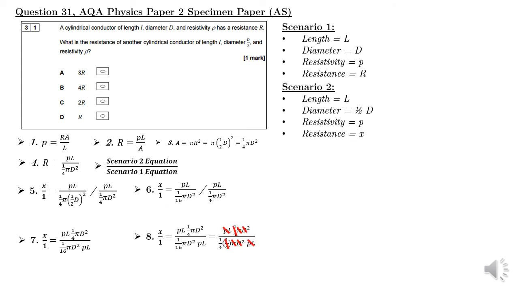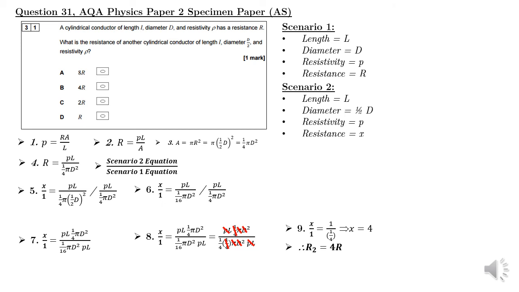So we will do that to cancel out the next quarter at the top. As you can see, we cancelled out one of the quarters, and we've cancelled out P, the length, a quarter, pi, and diameter squared. And we've got left over 1 over a quarter, which is basically 4. So x is going to equal 4.